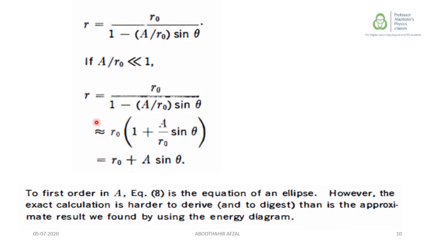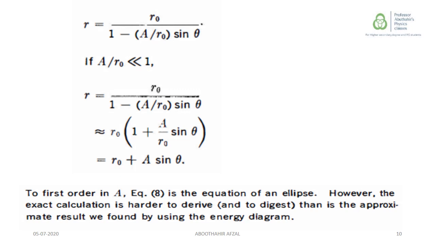And from binomial expansion, 1 minus x raised to minus 1, with x very small, will become 1 plus x. So approximately r0 plus a sine theta is the new orbit of the satellite after the firing.